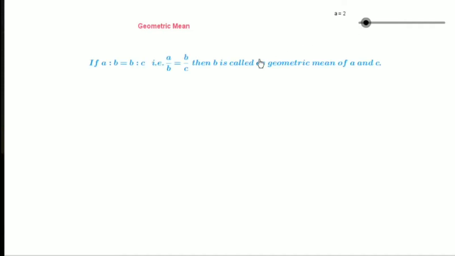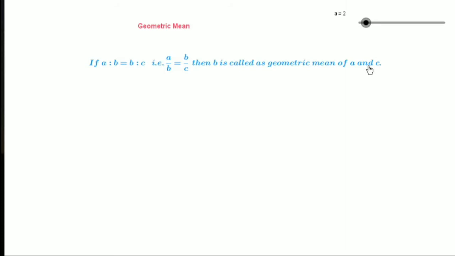Geometric mean is a term related to ratio. We have studied it in standard 9. If in these two ratios, A is to B is equal to B is to C, that is, the second and third proportionals are both B, so we can write this as A upon B equals B upon C. In these two ratios, the second and third proportional are the same.